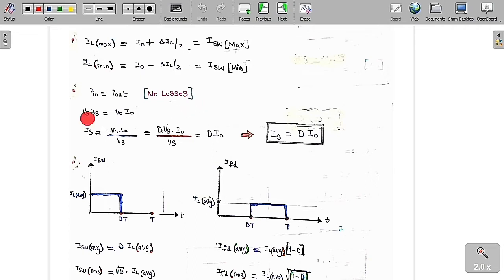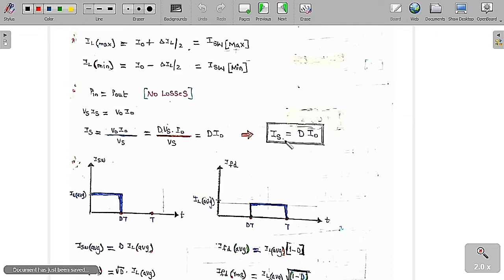The input is a DC fixed voltage, so Vs average is equal to Vs. Therefore Is is equal to V naught average into I naught average by Vs average. V naught average is equal to D into Vs, so Is is D into Vs into I naught average by Vs. Vs cancels, and we get D into I naught.